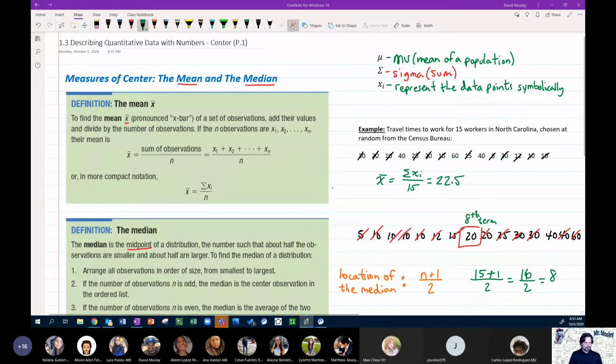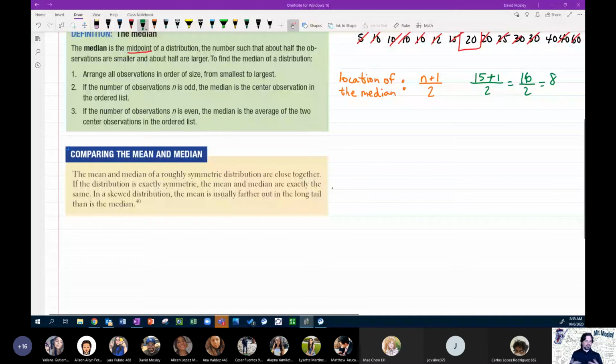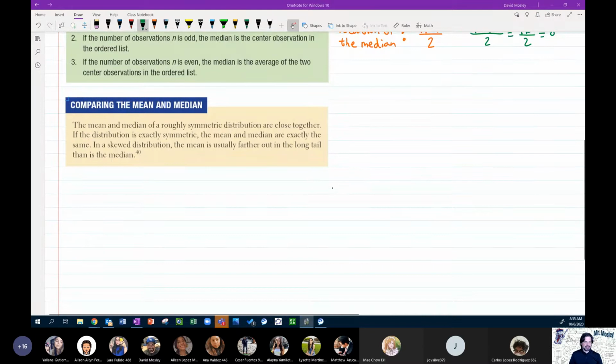All right. So then we have this comparing the mean and the median. The mean and median of a roughly symmetric distribution are close together. If the distribution is exactly symmetric, the mean and median are exactly the same. There's no difference between them.